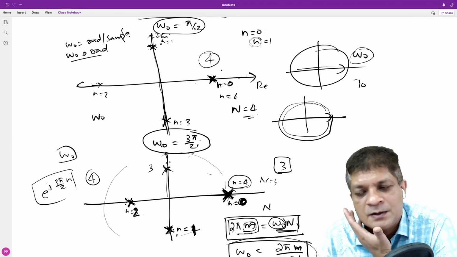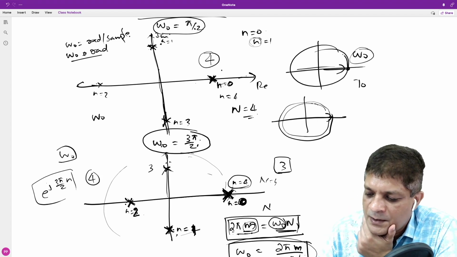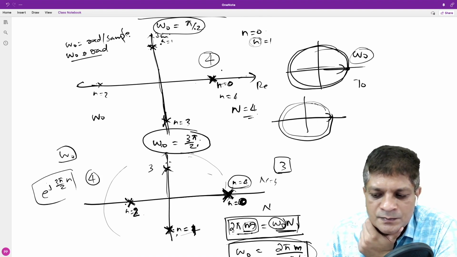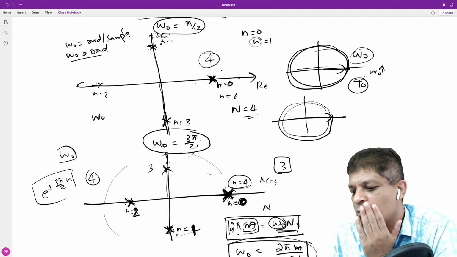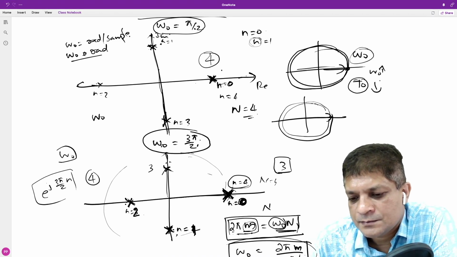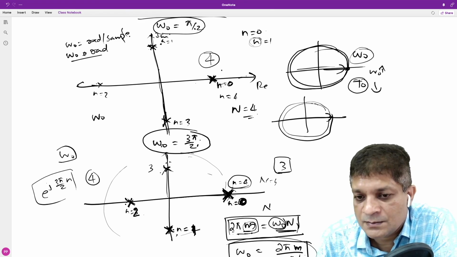In the case of a continuous time signal, if we are starting from here, after one rotation, we will reach here. So if we increase the value of omega naught, what will happen to T naught? It always decreases, isn't it? But that is not the case for a discrete time signal.